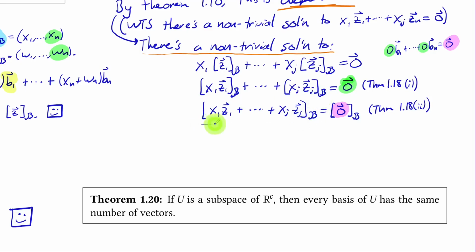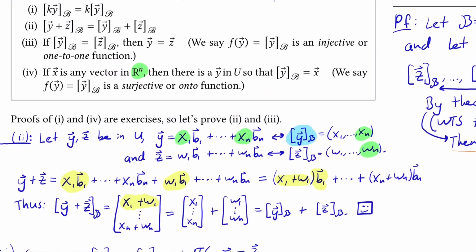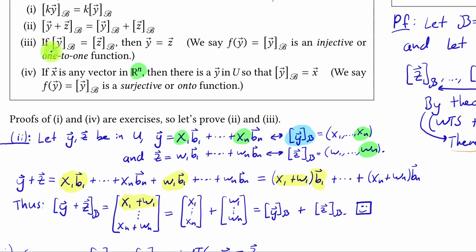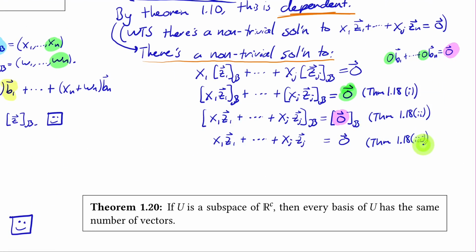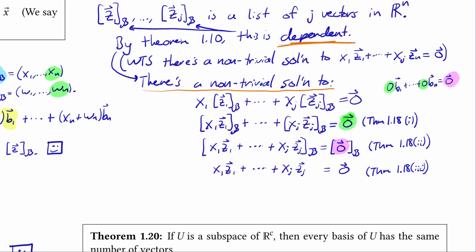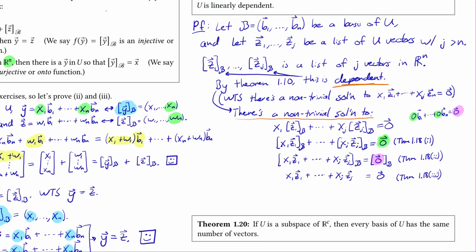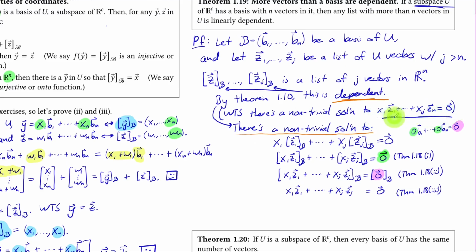At this point, we have two B coordinate vectors that are equal, and we can conclude that the two input vectors must be equal. We can just delete the brackets. And that is by using theorem 1.18 part 3, the part we just showed, that if the coordinates are equal, the two input vectors must be equal. And that's what we wanted to show, that we have a non-trivial solution of this homogeneous equation, right?